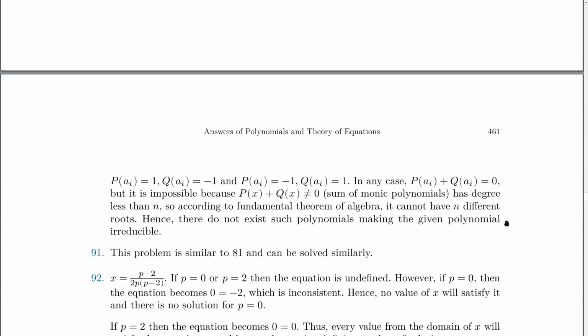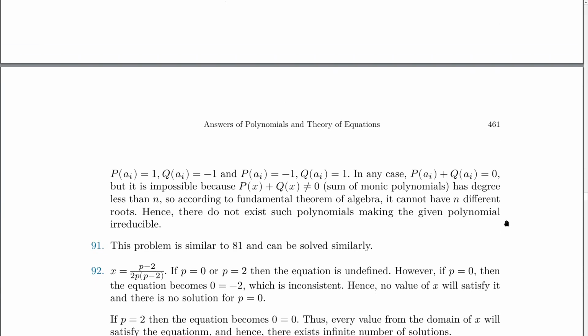However, if p is equal to 0, then the equation becomes 0 is equal to minus 2, which is inconsistent. So no value of x will satisfy it and there is no solution for p equal to 0. If p is equal to 2, then the equation becomes 0 is equal to 0.